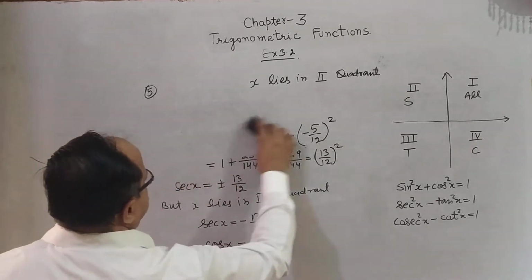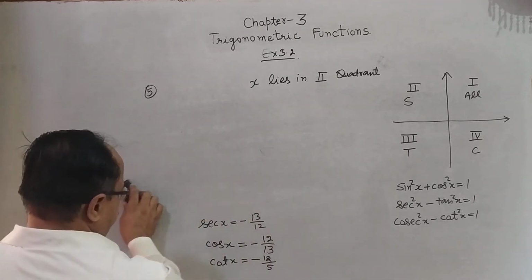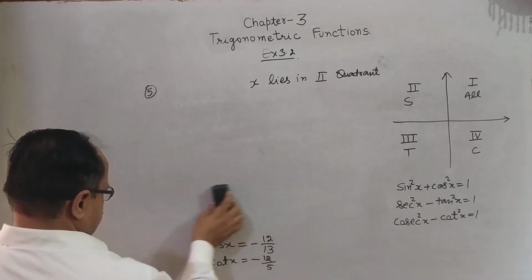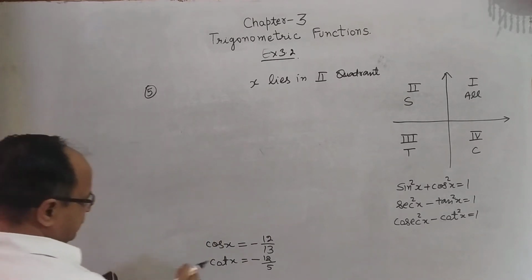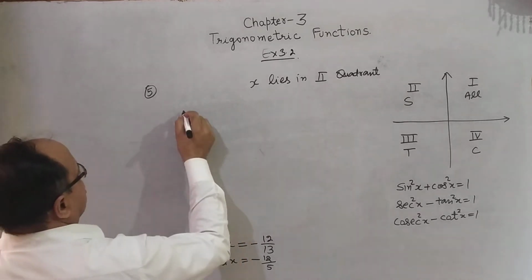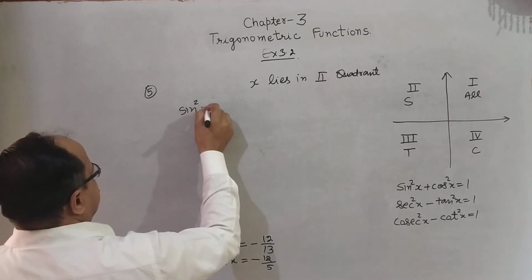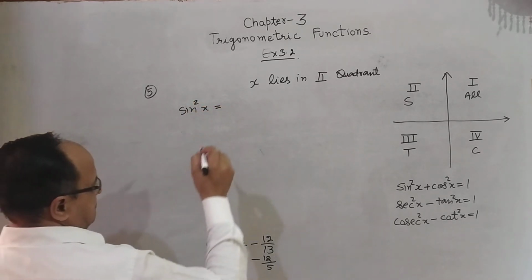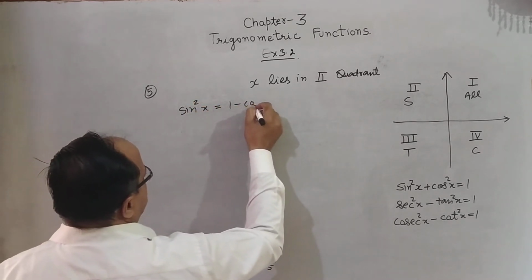And now we want to find sin x. You know very well, sin square x is equal to 1 minus cos square x.